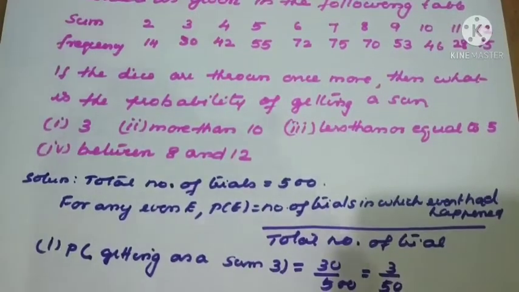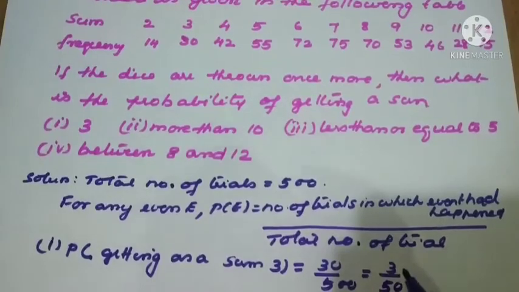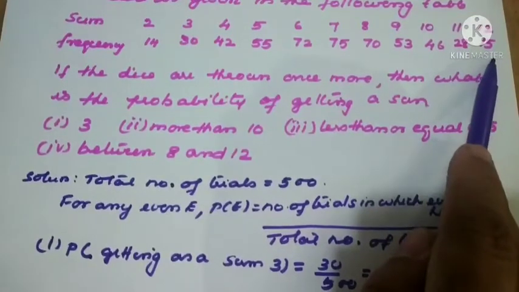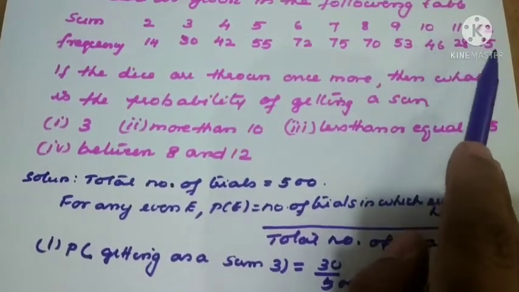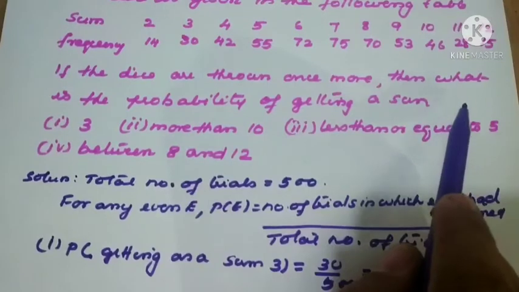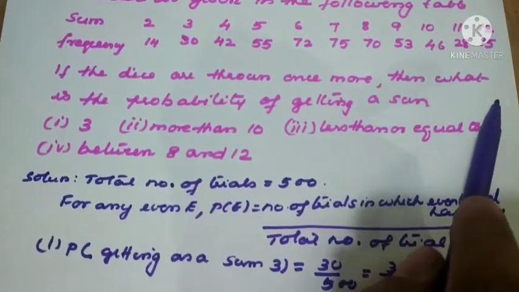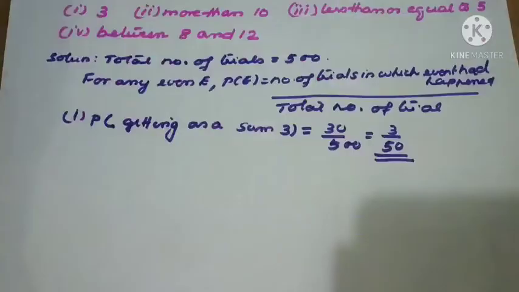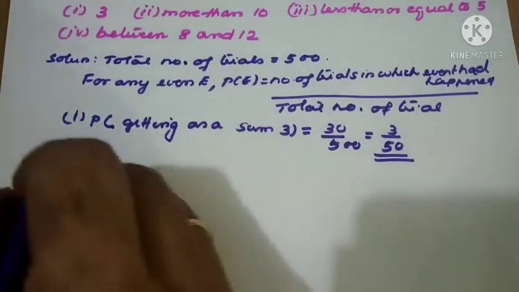Now what is the probability of getting a sum more than 10? More than 10 means 11 and 12 are possible there. For 11 and 12, the frequencies are 28 and 15. So these two frequencies are favorable to our trials. So we have to add and write the answer. Let us write the solution now. Question number 2.